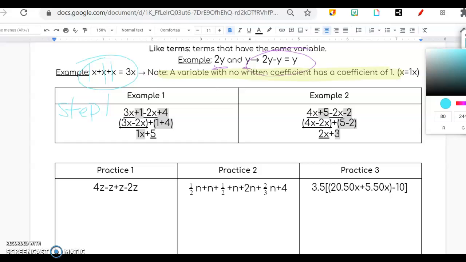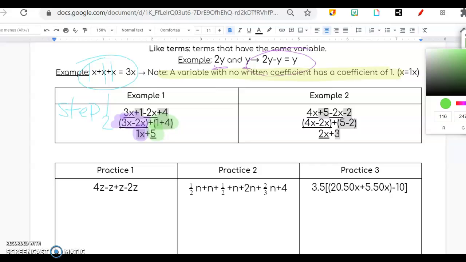In step 2, I moved my variables to the front and grouped my like terms. Then 3x minus 2x gives me 1x, and 1 plus 4 gives me 5.